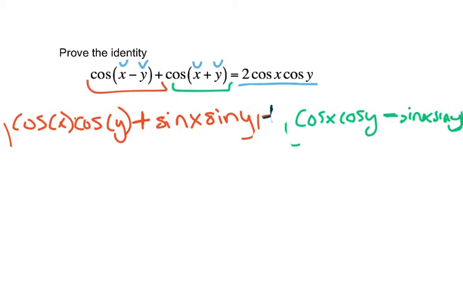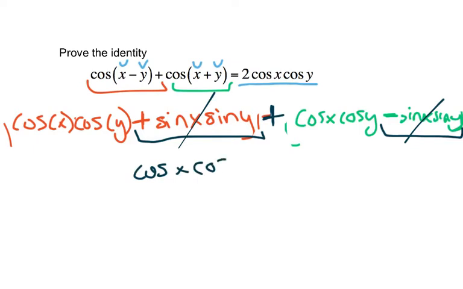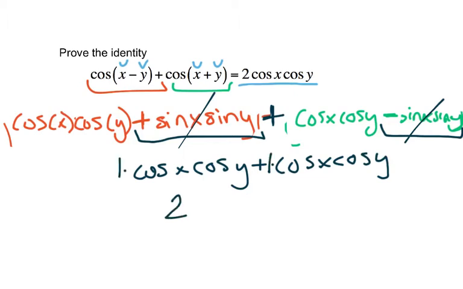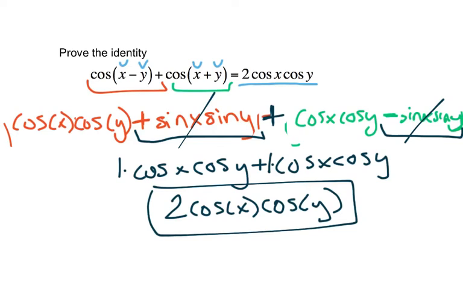And so we can see that you might be able to put like terms together. Hopefully you can see there's a positive sine x sine y and a negative sine x sine y, and so those end up canceling. And so we end up with cosine x cosine y plus cosine x cosine y. And so there's technically two of them, right? One of these and one of these. So now there's two cosines of x and cosines of y. Yay.